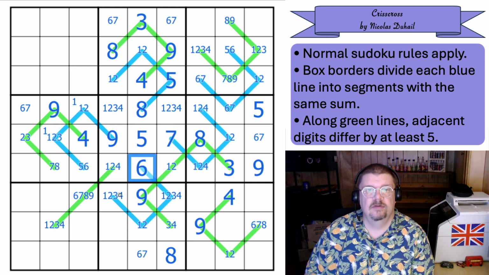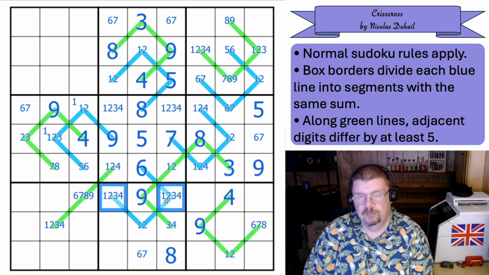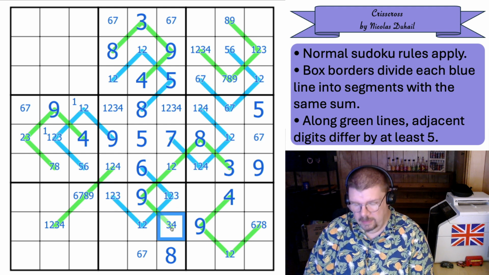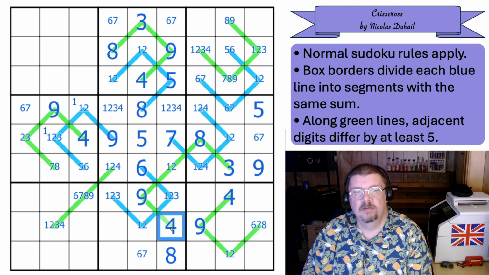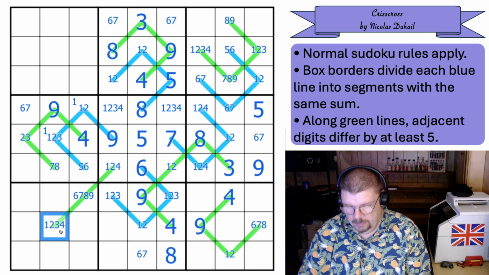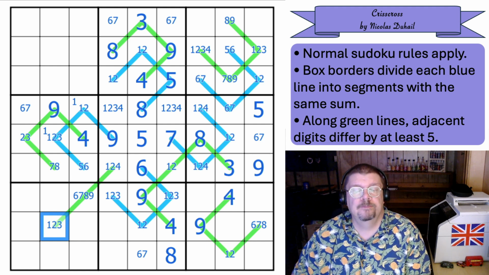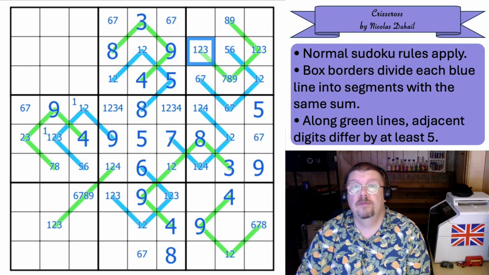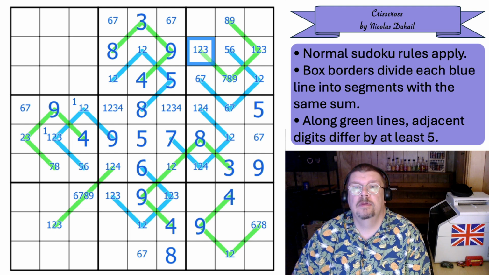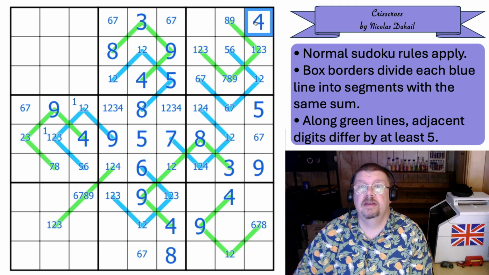That's 6. That removes 4s from there. That makes this a 4. That is not 4. There's a 4 in one of those two, so that's not 4. That can't be 4 by sudoku, so that is.